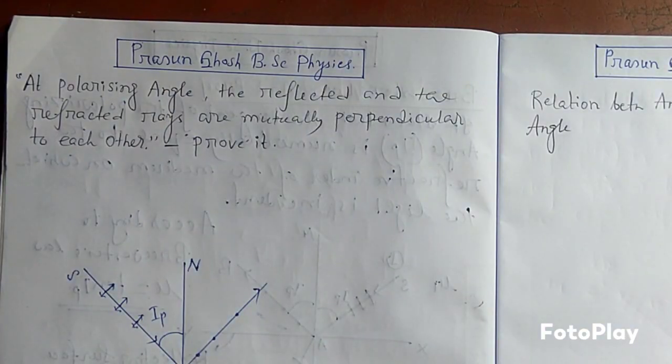Next is another proof, that the reflected and refracted rays are mutually perpendicular to each other.